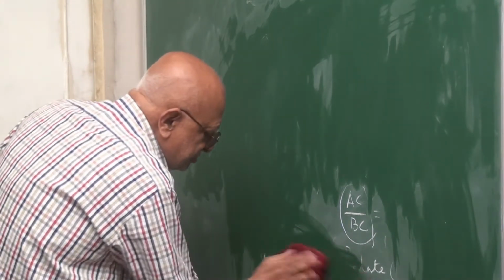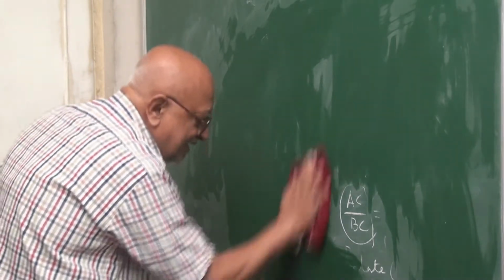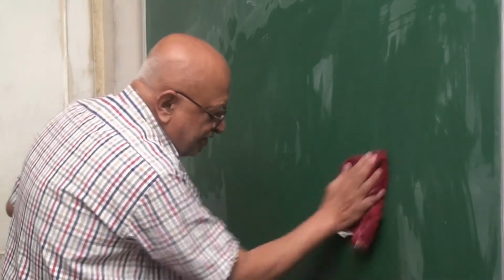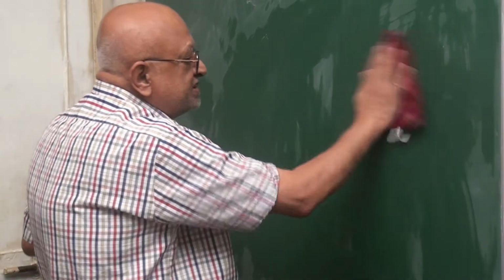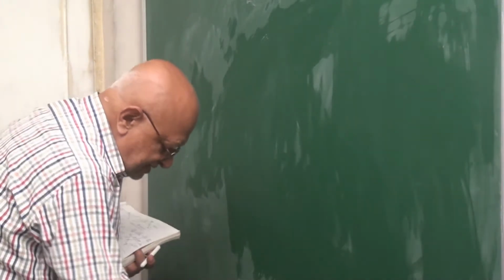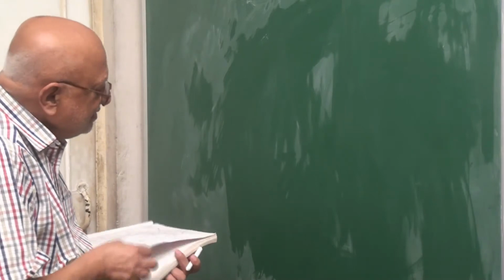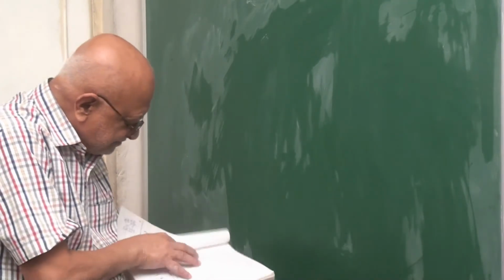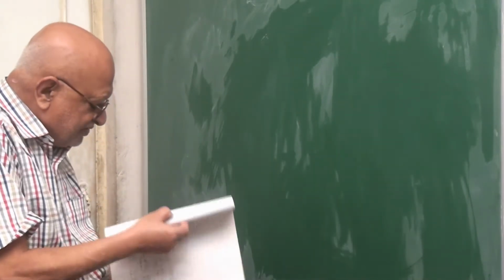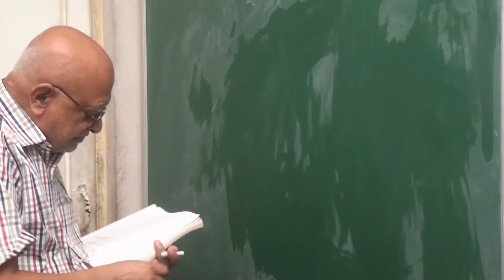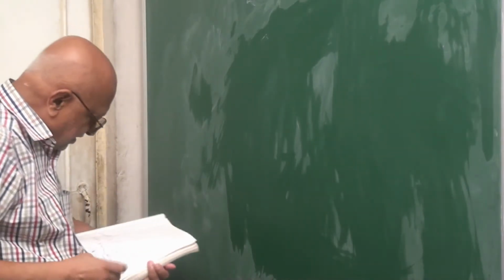I think similarity of triangles should be taught before you go to congruency of triangles. I hope a revision is required by NCERT for their mathematics book on this issue.